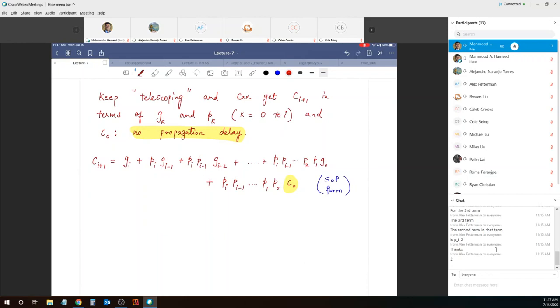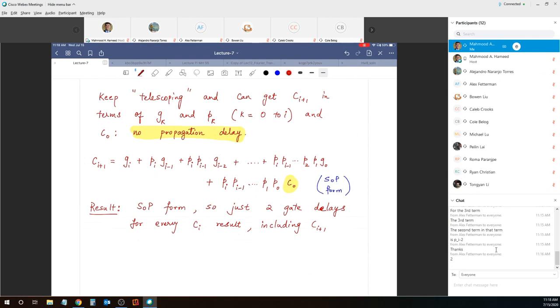So that's the result, right? So let me write down the result. The result is SOP form. So just 2 gate delays for every C sub i result, independent of n, including C sub i plus 1.